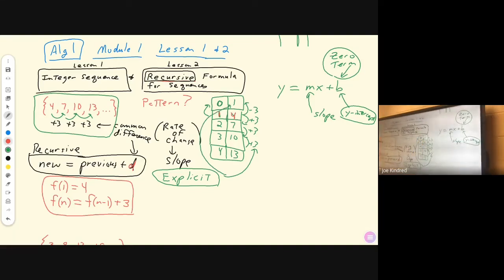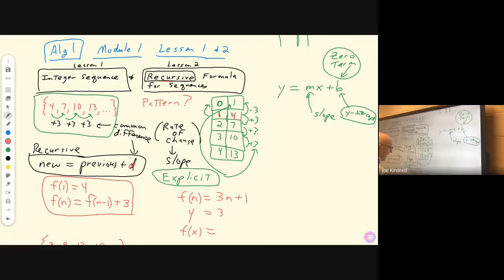That means, and we'll use function notation, and we'll use f of n to be similar to this one. F of n, also known as y. F of n, also known as f of x, right? Depending on what variable you're using. F of n is the slope, 3, the variable, in this case it's n, and then the zero term.